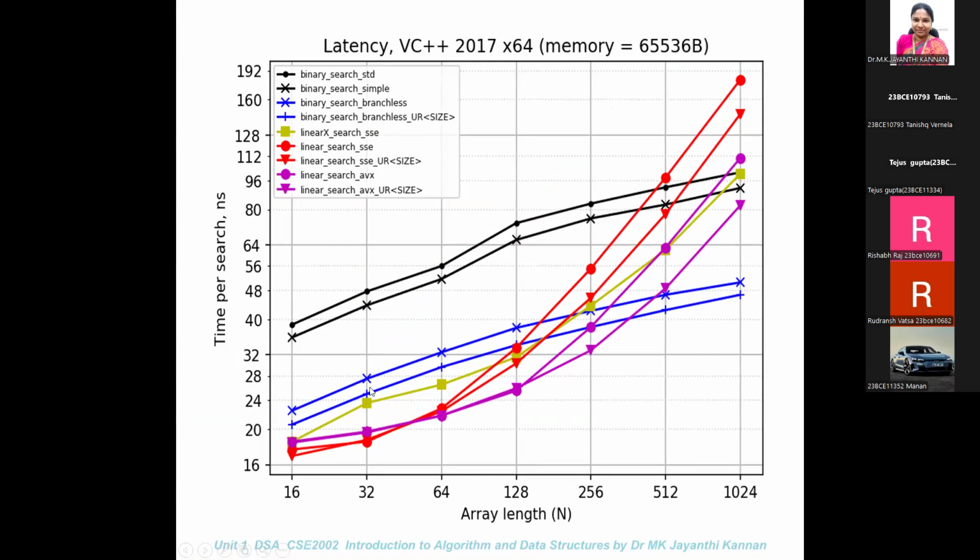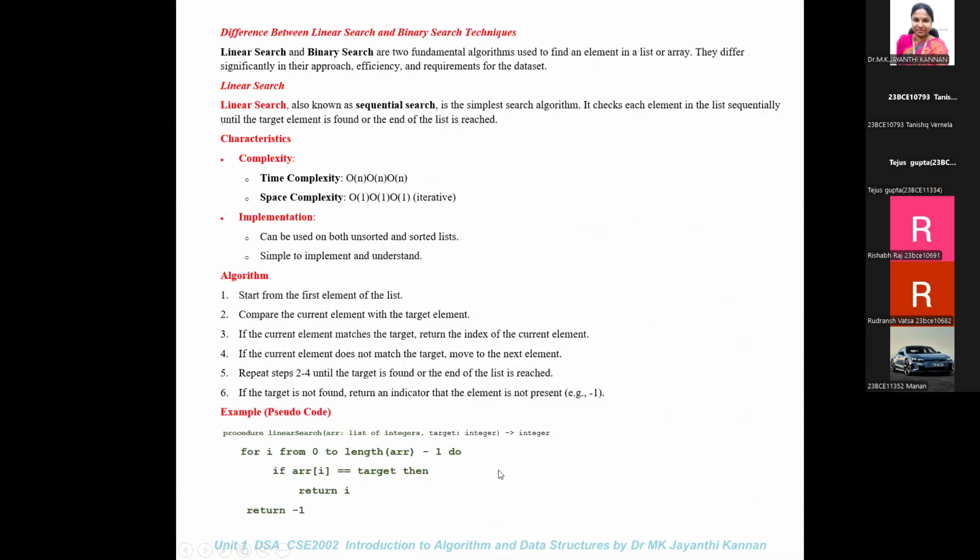So you need not mug up and you need not write all those things in the answer paper. It is to understand how linear and binary search function. If you give 16 inputs, or n size is 1024, how the efficiency differs and the time required per search: 16 nanoseconds, 20 nanoseconds, 192 nanoseconds. How the time increases with respect to the number of inputs.